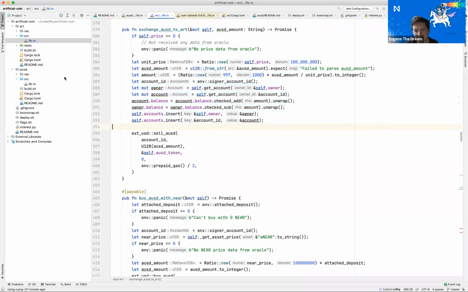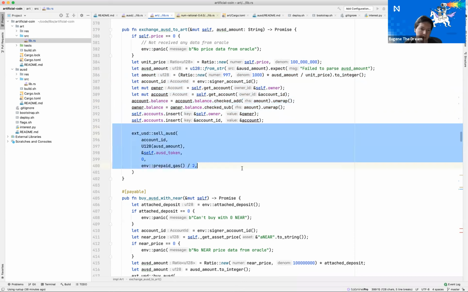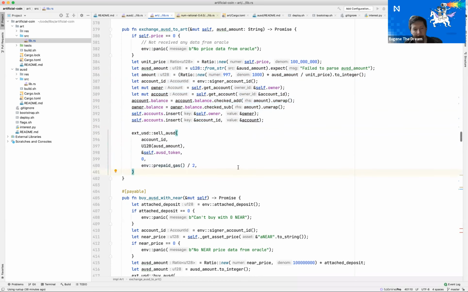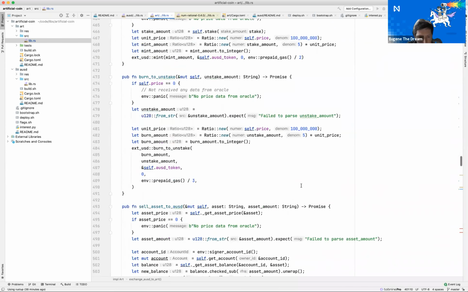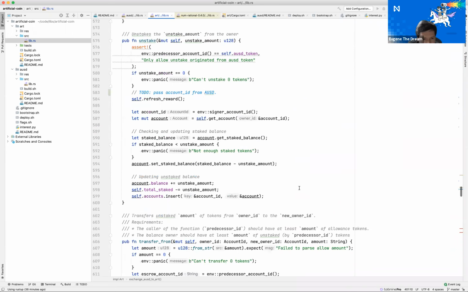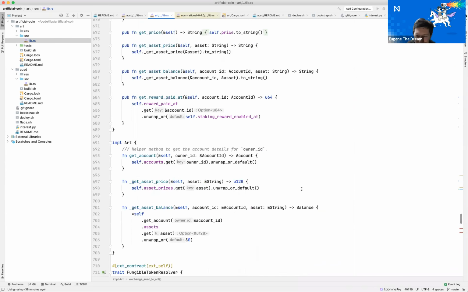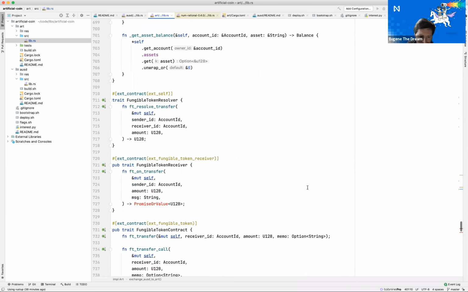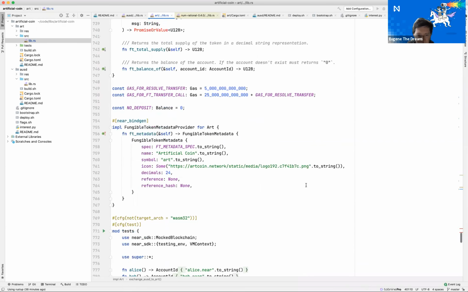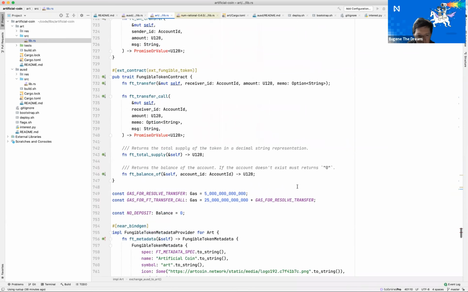So this will execute, you got the tokens on your balance, and now you can do whatever you want with these tokens. So the state of the AUSD is invalid. The correct way of doing this is calling sell AUSD, waiting for confirmation that it succeeded, and only after this credit the account.